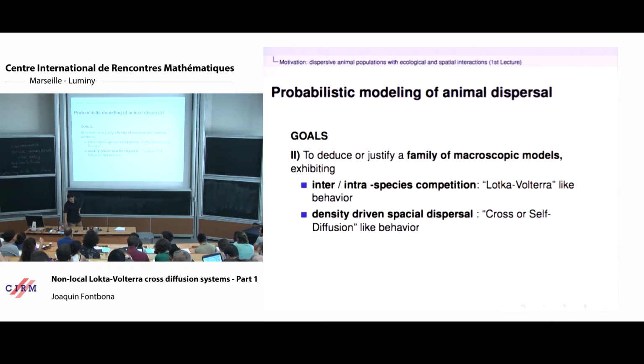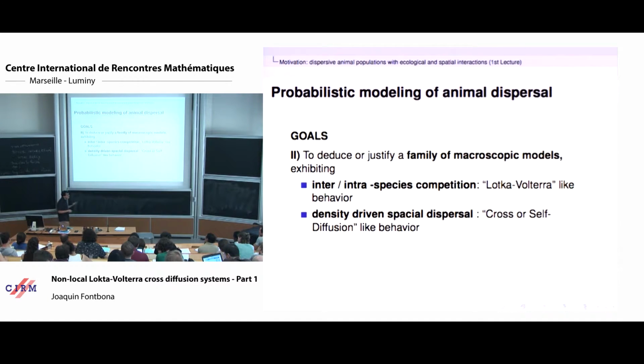I say behavior because from the beginning we will have these PDE models in mind, but we will not get exactly that. In some sense we will get more general models, and in some sense more particular, because you will see the tools, the assumptions, and the kind of results we can get are different.